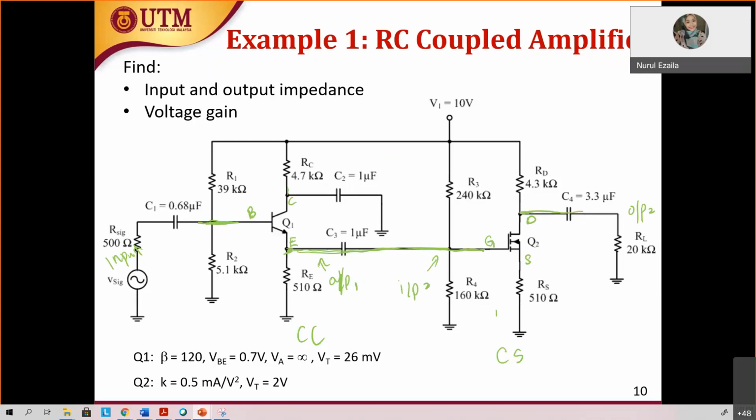What's left over here? Source. Therefore, it is common source. So the RC coupling in this example is the connection between common collector and common source.